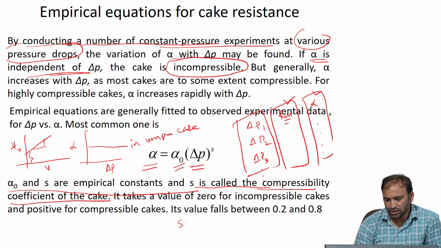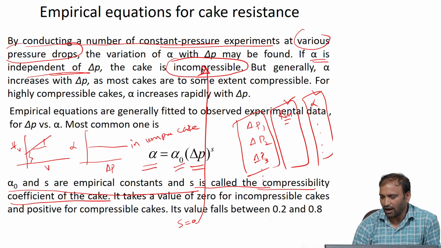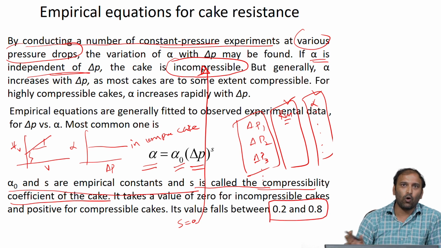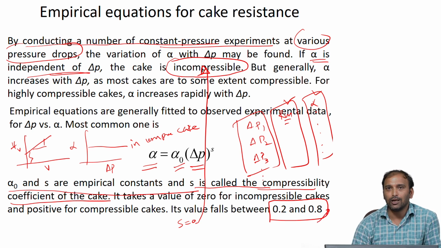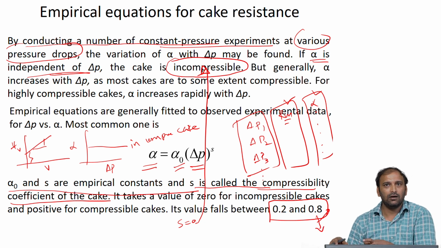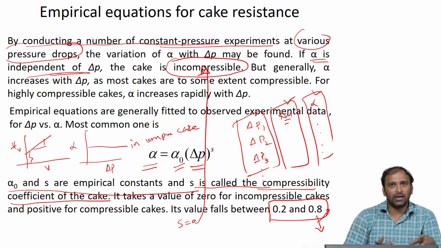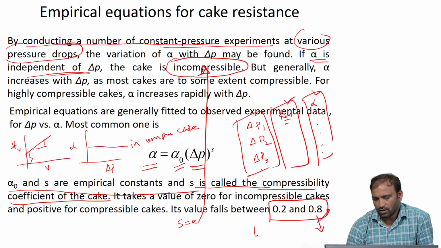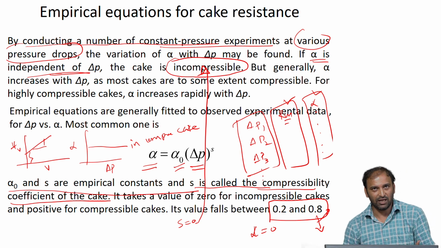If s is equal to 0, it is an incompressible cake. However, typically people have found that s takes a value from 0.2 to 0.8 depending upon what pressure drop you maintain, and the closer this value is to 1, the more highly compressible the cake is. The closer it is to 0, the less compressible it is. And for s equal to 0, I can say that the cake is completely incompressible.